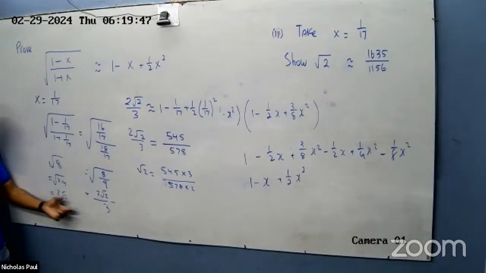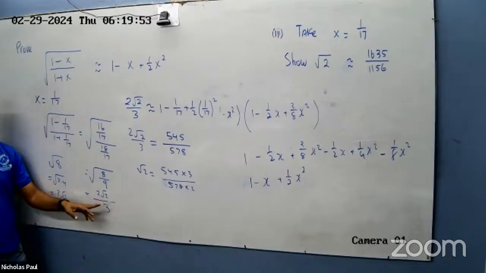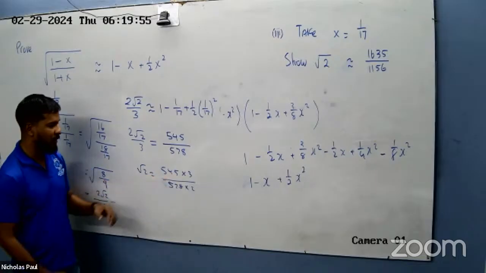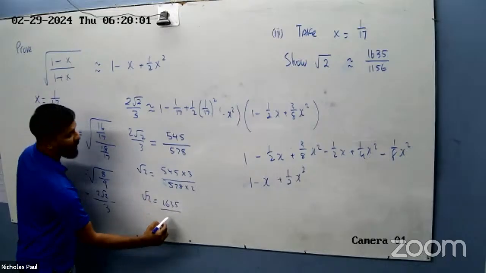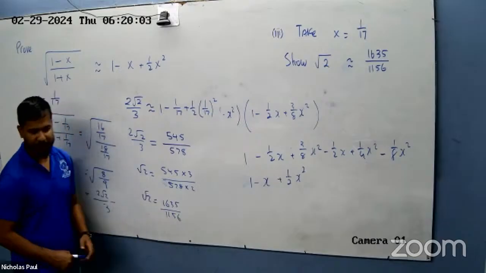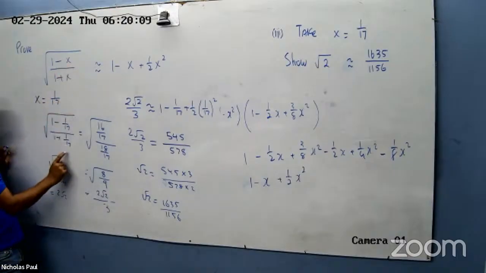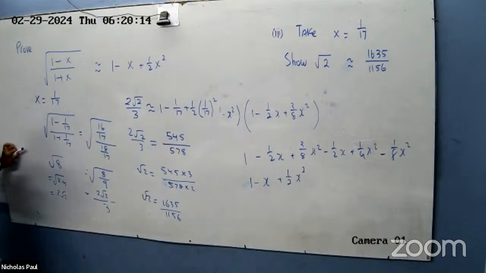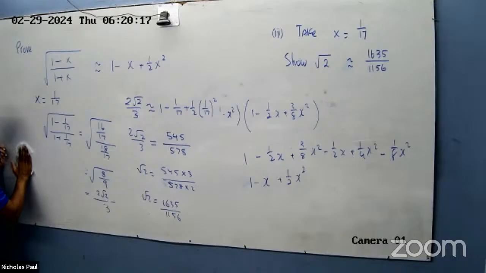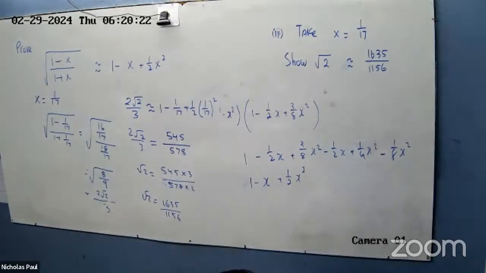What I was trying to say is that our answer is really 2/3 of root 2. If you multiply by 3 and 2 and simplify, you'll get 1635 over 1156. So you had to make the substitution, simplify it out, and get it in the form of root 2.